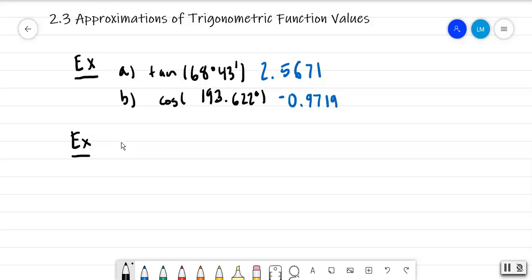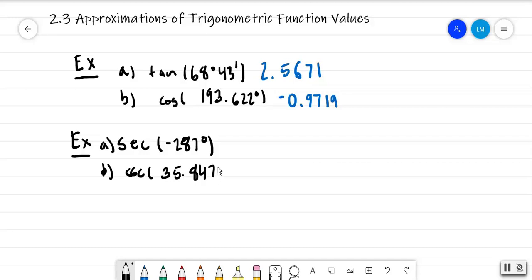Let's say that you have secant of negative 287 degrees, and that's going to be part A. We'll also do cosecant of 35.8471 degrees. Now these are a little more challenging because we're going to have to rewrite these.